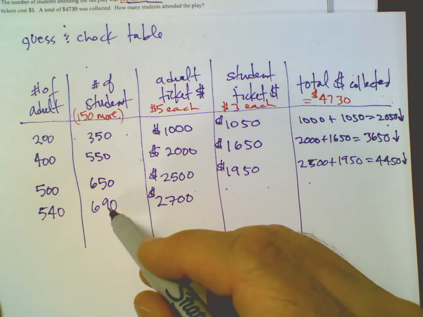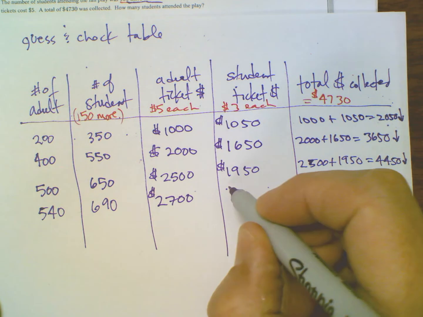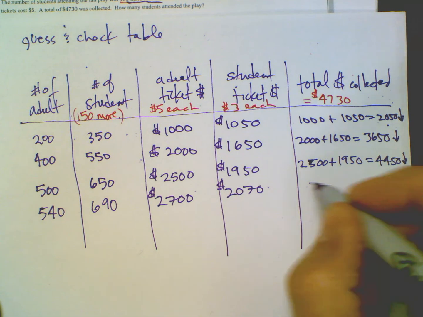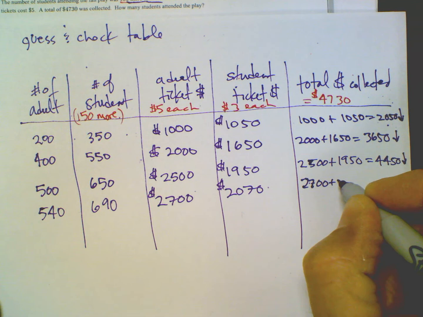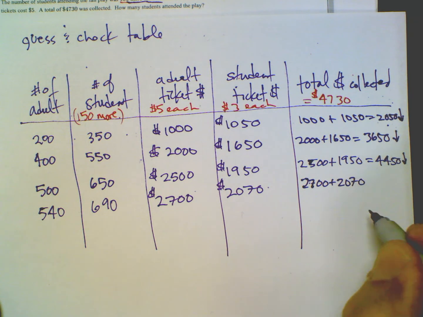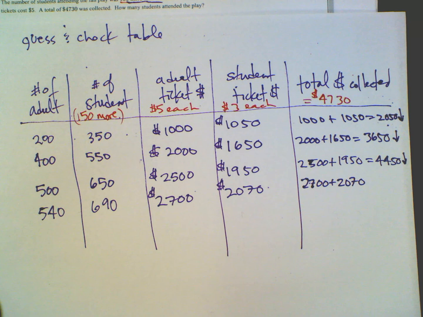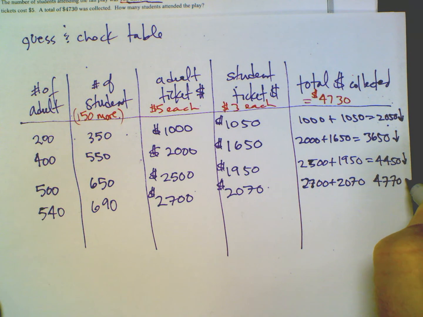And then $3 times the number of students is 2,070. If I add those two numbers, 2,700 plus 2,070, oh man, that's really close. That gives me 4,770. It's just a little bit too high.